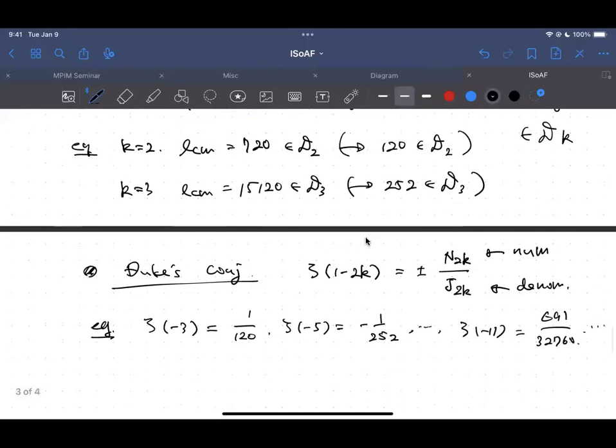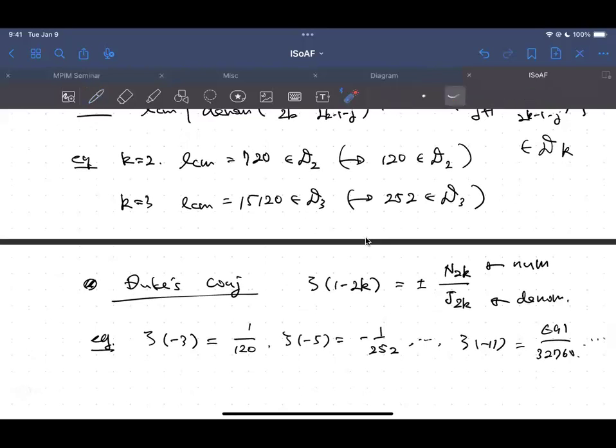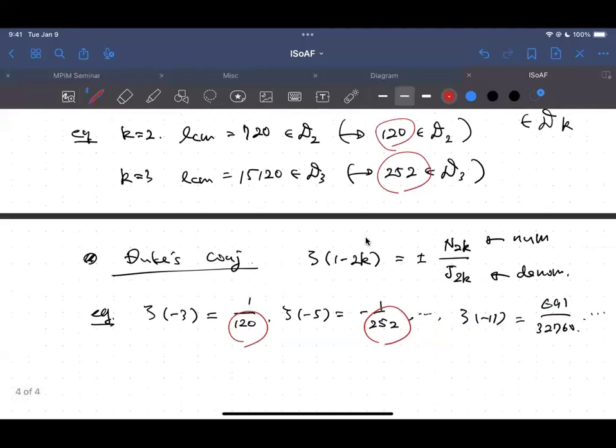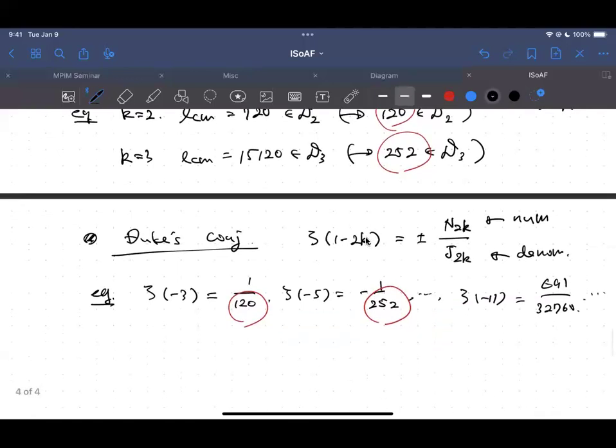And one might realize that these numbers are exactly these minimal universal upper bounds, and actually that's the conjecture by Duke.